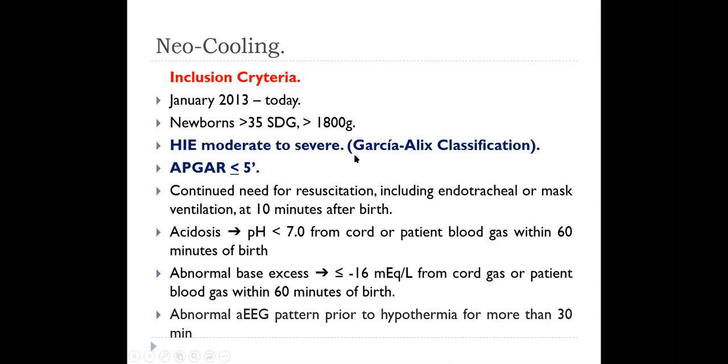We are using the classification of Garcia-Alix, which I will explain later, with Apgar equal or less than 5 at 5 minutes, continued need for resuscitation, including endotracheal or mask ventilation at 10 minutes after birth, acidosis with pH less than 7.0 from cord or patient blood gas within 60 minutes of birth, base deficit equal or greater than 16 milliequivalents per liter from cord gas or patient blood gas within 60 minutes of birth, and abnormal EEG pattern prior to hypothermia for more than 30 minutes.